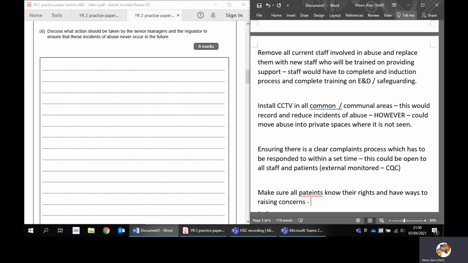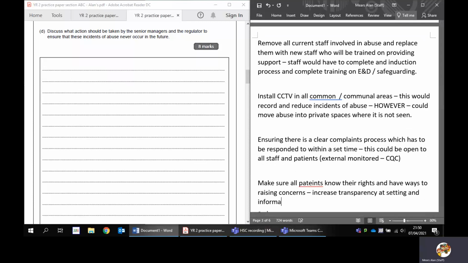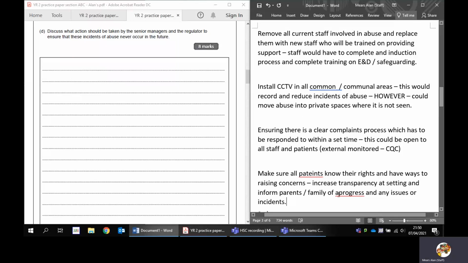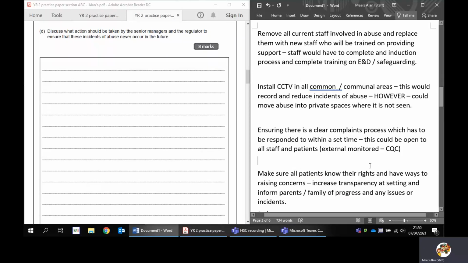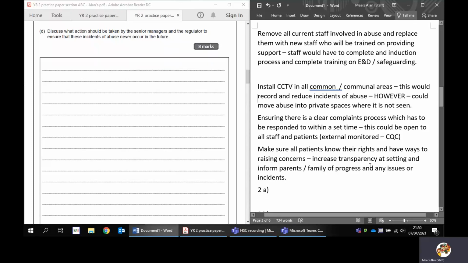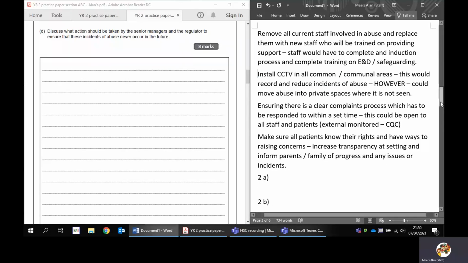That's what we've just done, but we could also increase transparency and inform parents / family of progress and any issues or incidents. So again, the idea about family being updated more regularly. And there we go. So there we have 4 points that we've made about this setting.